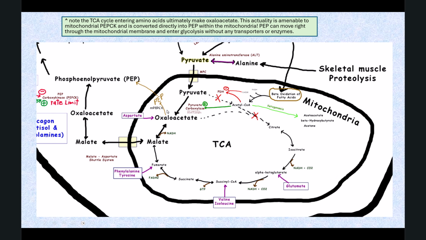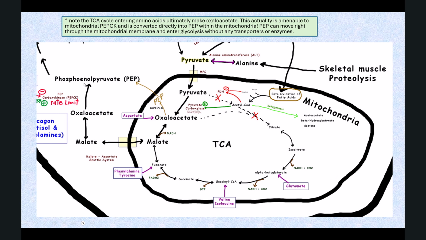There is a mitochondrial form of PEPCK. I like that, PEPCK. What is that? Phosphoenolpyruvate carboxykinase. PEPCK is better. But PEPCK, a mitochondrial form, converts it into PEP right inside the mitochondria, and PEP is able to go in and out of the mitochondrial membrane like nothing.